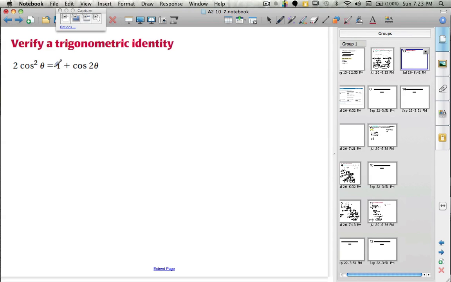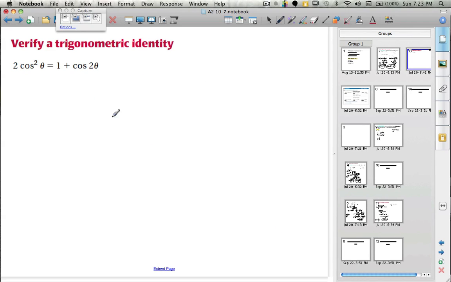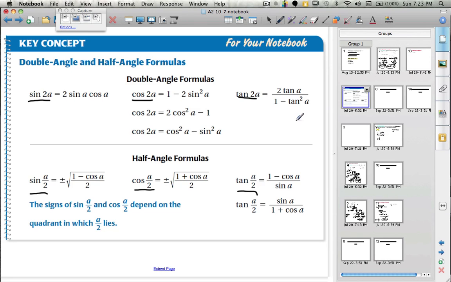Okay, so now we want to look at verifying a trigonometric identity. So let's think about the different trig identities that we have. I have 2 times cosine squared, 2 times cosine squared minus 1, if you look at this here.